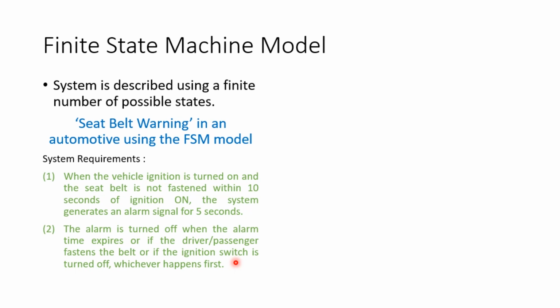Somewhere near 7 or 8 seconds he has fastened the seat belt, then there is no need of an alarm, so you should switch off the system. So these are the conditions. Or he turned off the ignition, that is also possible. He turned on the car and maybe suddenly he remembers something, turns off the car and gets out of the car. In that case also this system should turn off, the alarm should not come on.